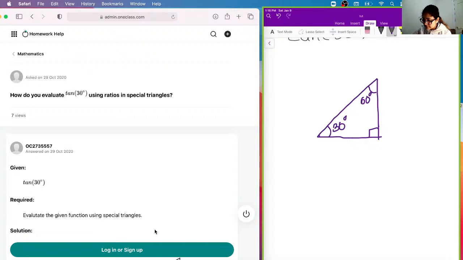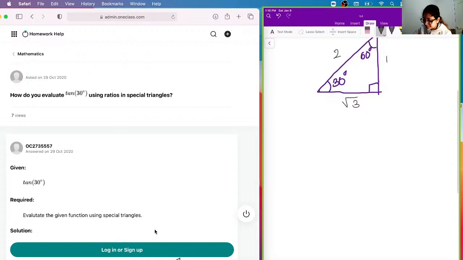Our ratios here, if you guys recall, would be 2, 1, and root 3. To find the tangent function, we have to first state the ratio for tan.